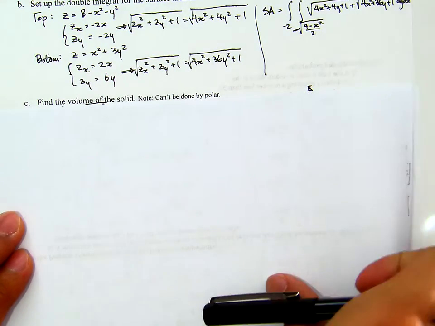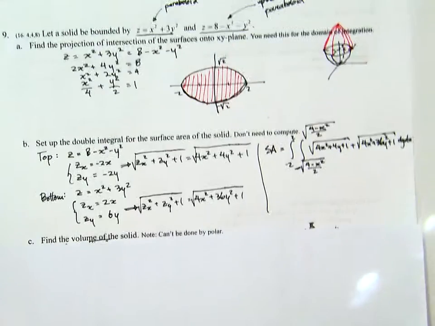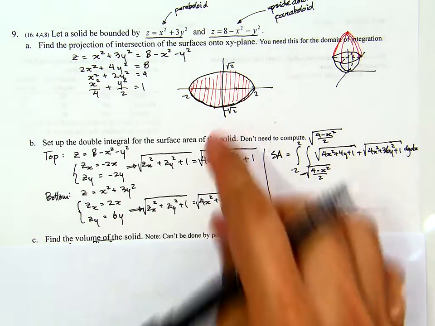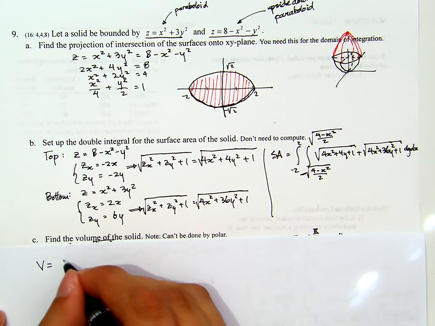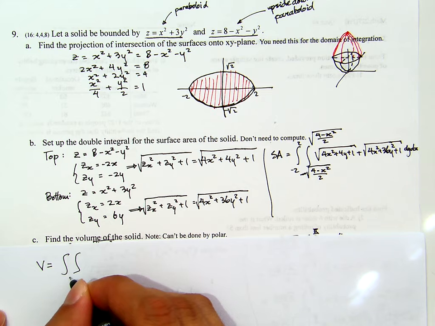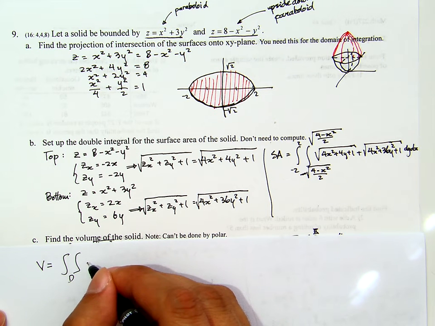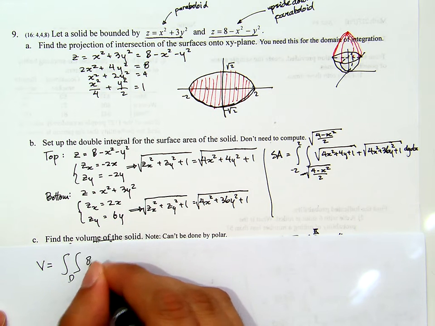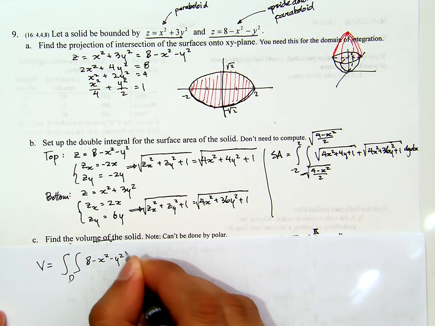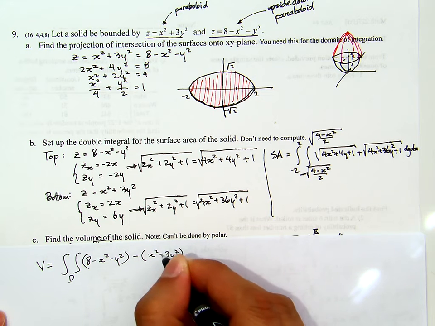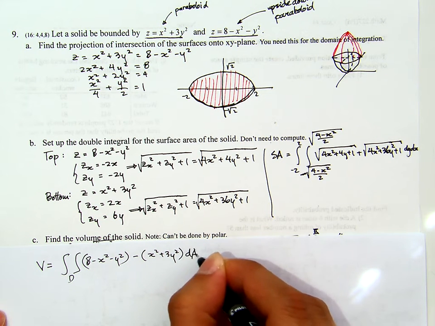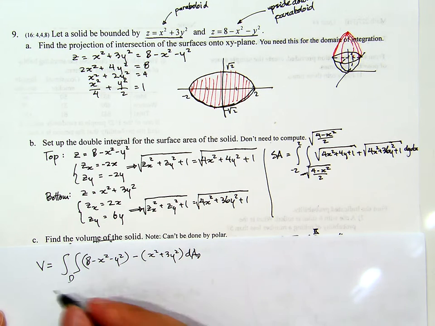Now let's go back. Notice that this is our domain. The volume of the solid will be the double integral over that domain of the surface on the top, which is 8 minus x squared minus y squared minus x squared minus 3y squared, dA.